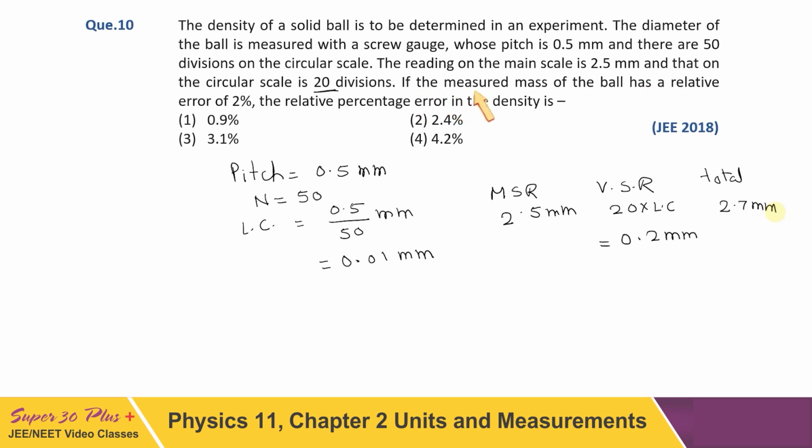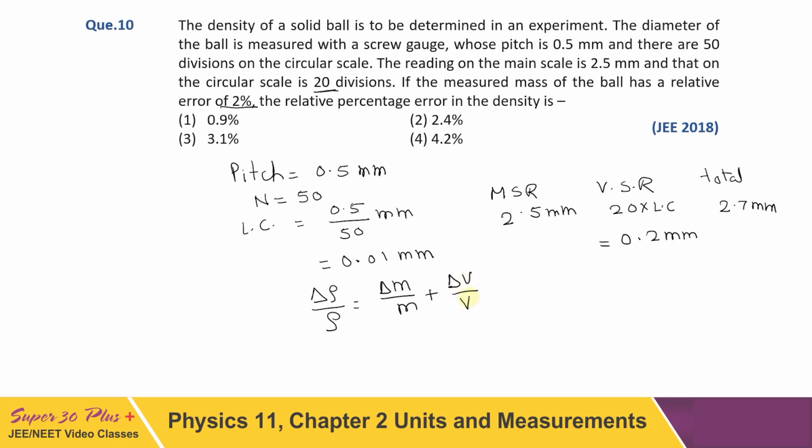Now it is saying if the measured mass of the ball has a relative error of 2%, the relative error in density will be. If we write the formula for error, relative error in density, so delta rho by rho would be delta m by m plus delta v by v.